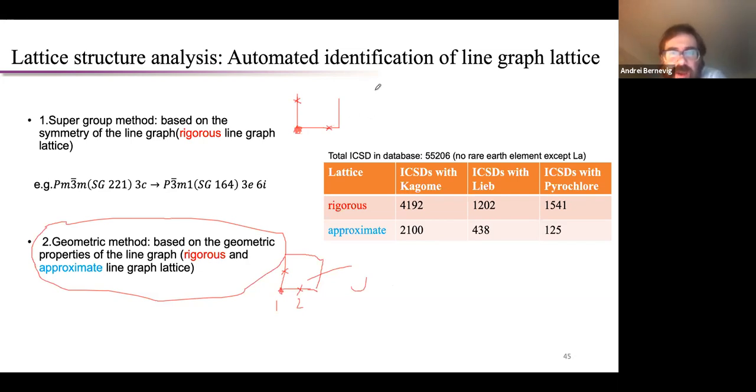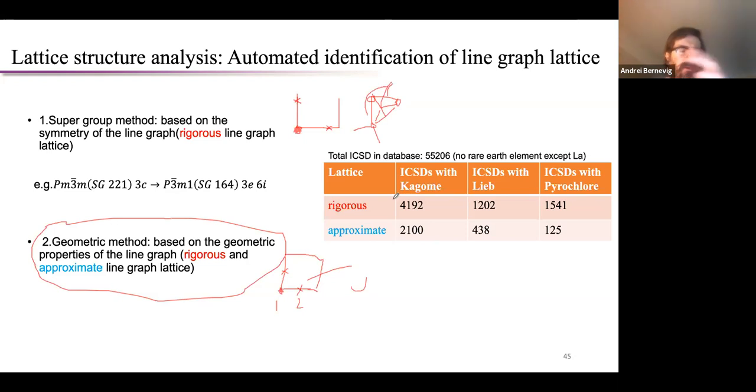So you can say, I have the Kagome, but I don't have the correct symmetry group, so this distance is a little bit higher than this, and a little bit higher than this.